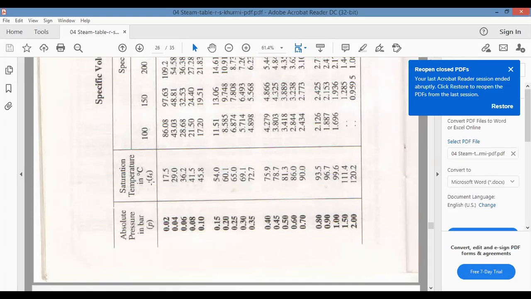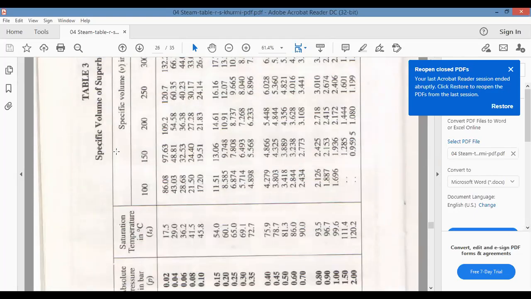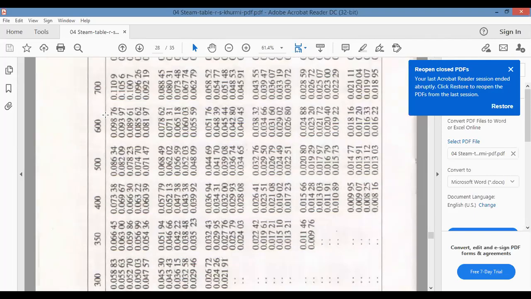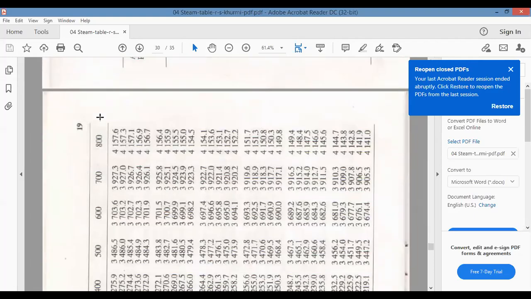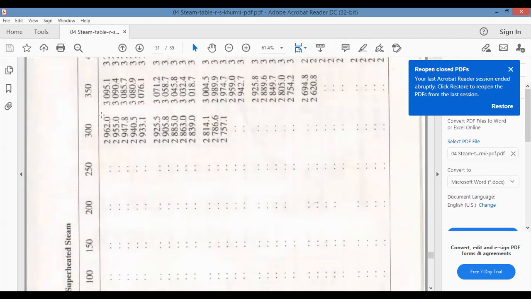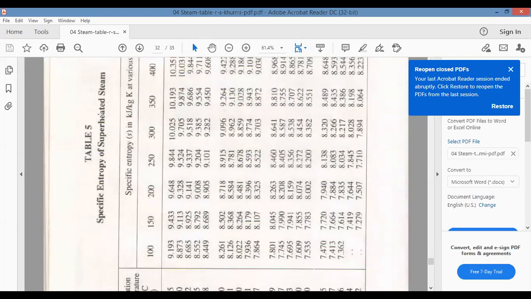For superheated steam, generally you will find that the properties are arranged this way. You will have specific volume separately mentioned, you will have specific enthalpy separately mentioned, and you will have specific entropy also separately mentioned for the superheated steam.